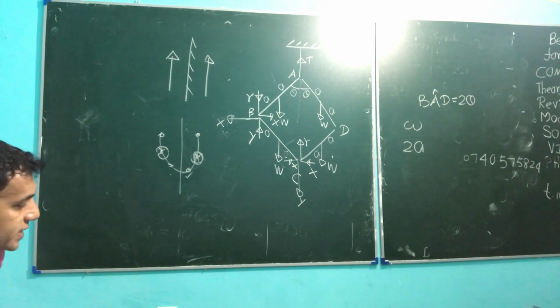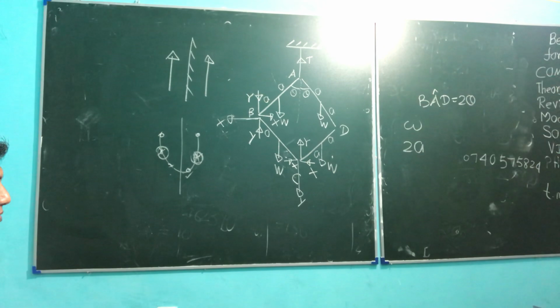Therefore, at the joint C, the vertical force Y should be in the same direction for each rod.